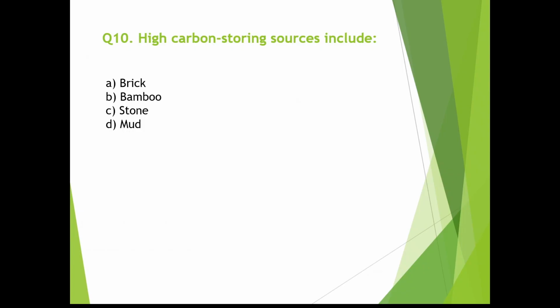As I have discussed in the previous question also, vegetation or forests are carbon storing materials because they absorb more carbon than they emit. So what should be the correct answer for this question? Give your final answer. Then we will be discussing it and closing today's problem solving session.